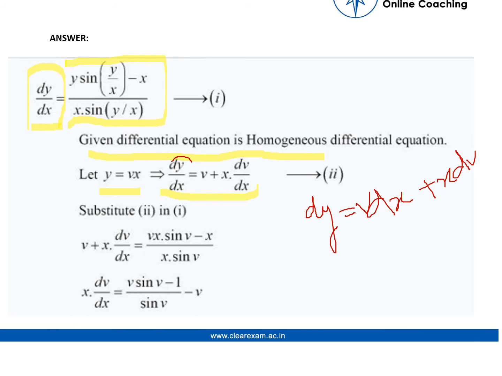Now in both of these we've got dy/dx, so we'll be equating both of these. We've just written what we had. Now if we take this v to the other side, we'll get a minus v. Going to the other slide.